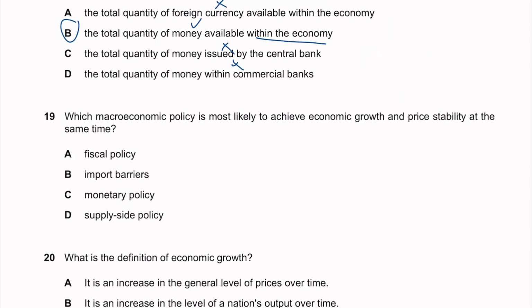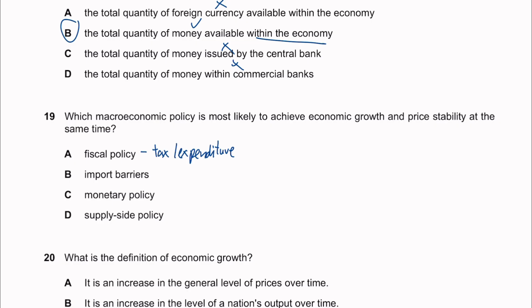Question 19. Which macroeconomic policy is most likely to achieve economic growth and price stability at the same time? First, fiscal policy. It involves tax and expenditure. Expenditure just means government spending. For example, you use expansionary fiscal policy, by lowering taxes and raising government spending.